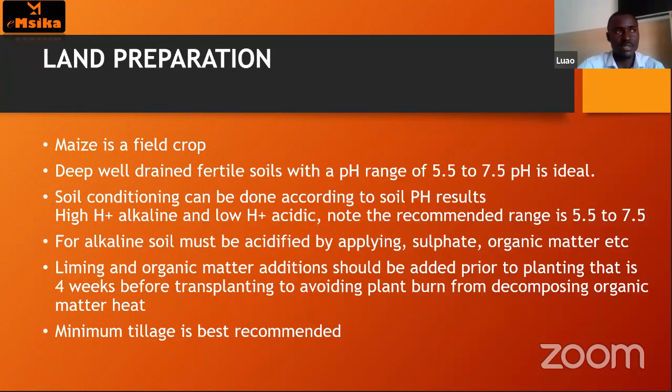That's the only method which has proven to be working for farmers. Lime buffers or stabilizes the soil and increases the pH scale.